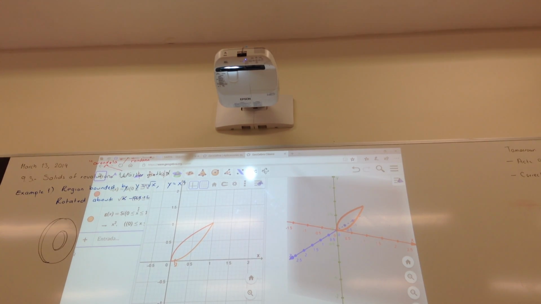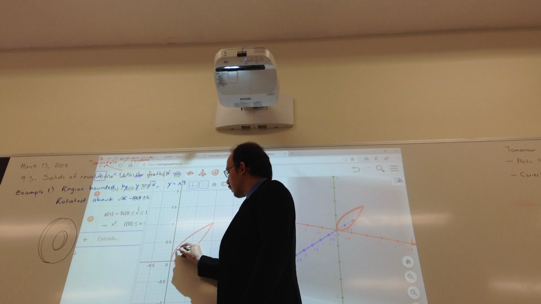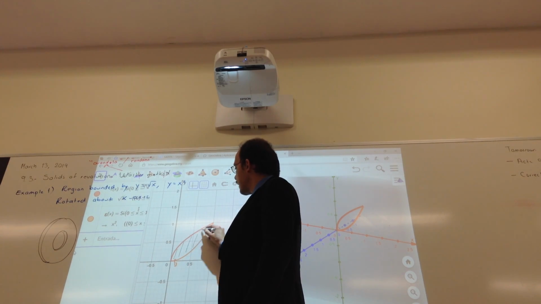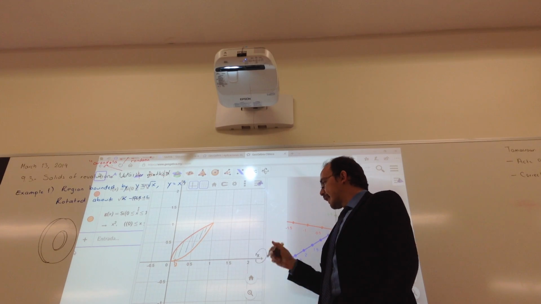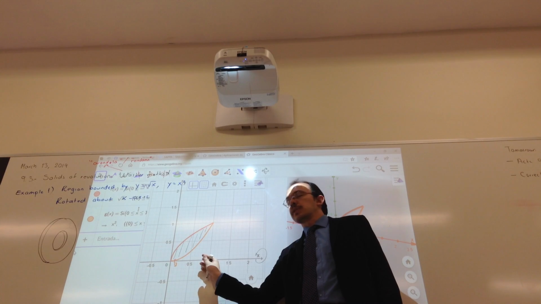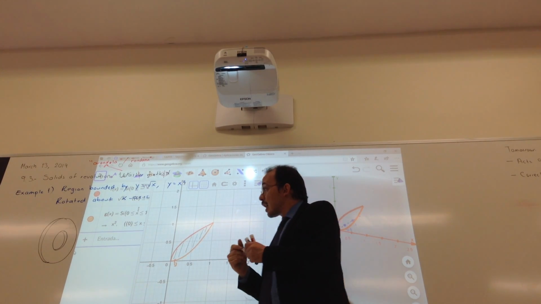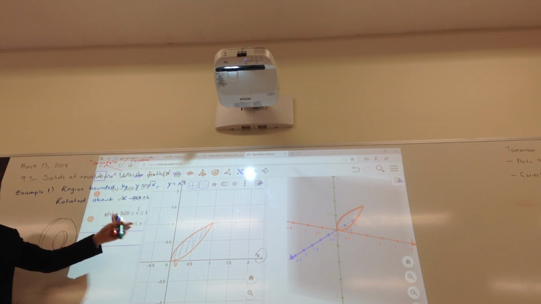So in this one, if you observe, the area bounded by this is this one. If I rotate this about the x-axis, now you have a certain part in the middle. Since you have two graphs, the rectangles that I want to put are not going to be discs anymore.